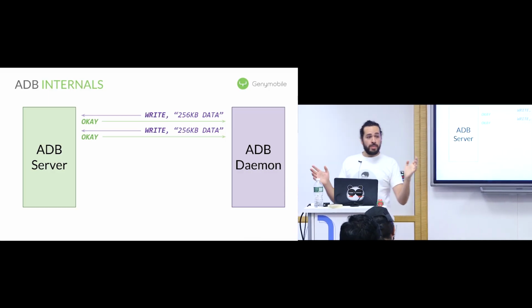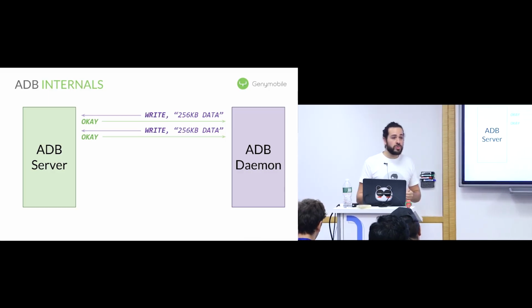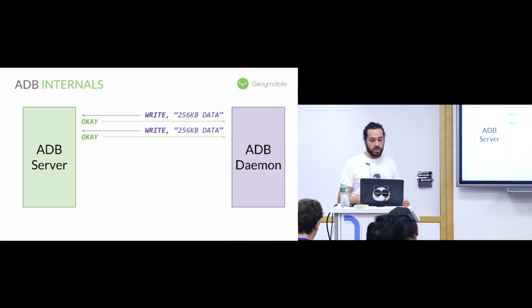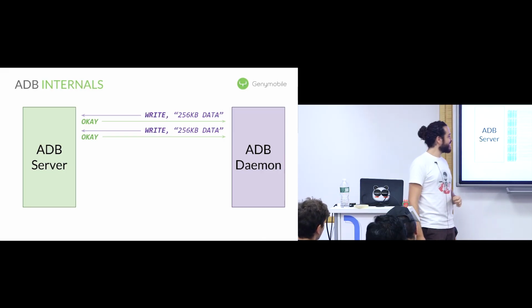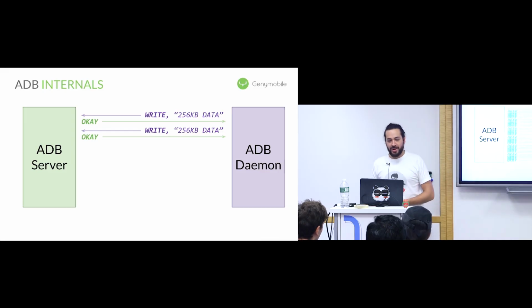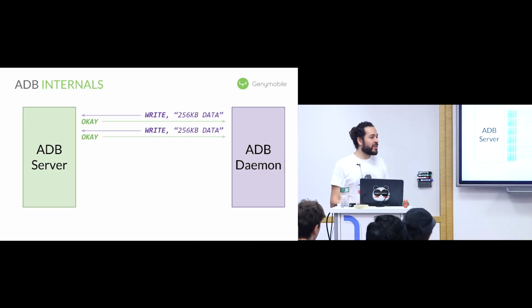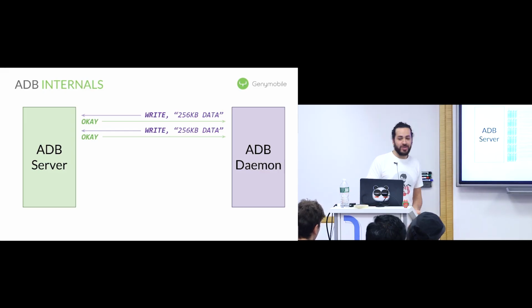With the same amount of data, if you do this with a 4 kilobyte payload, it will look like this. So now they solved it, and it's really faster, right? And that's good.